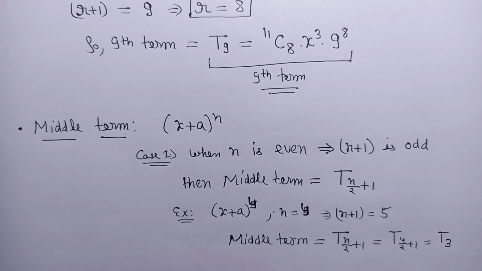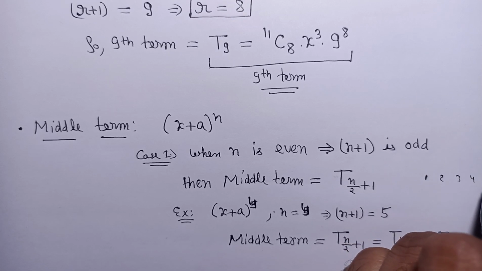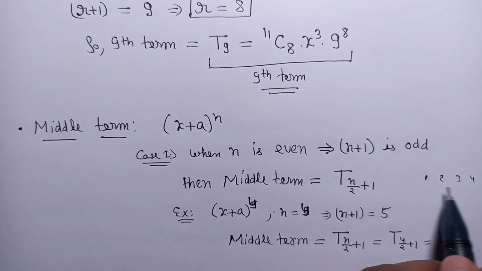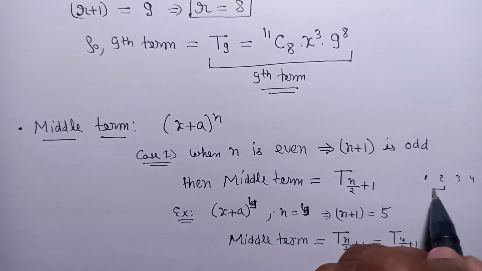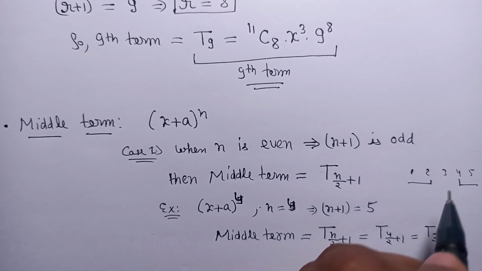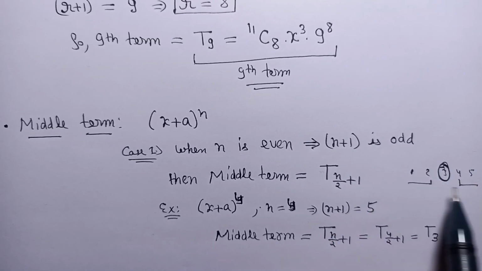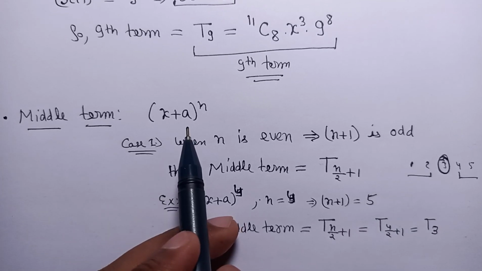Or you can directly understand, if you have 1, 2, 3, 4, 5, you have 5 terms, so what is the middle one? These two separate, these two separate, so this 3 is the middle. With this you can find the middle term of (x + a)^n.